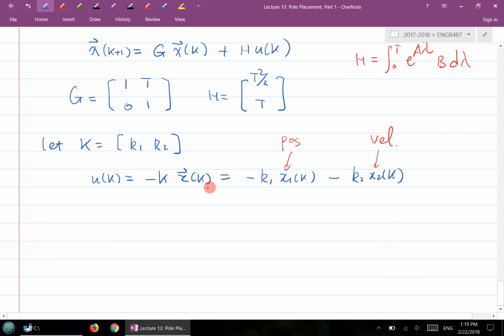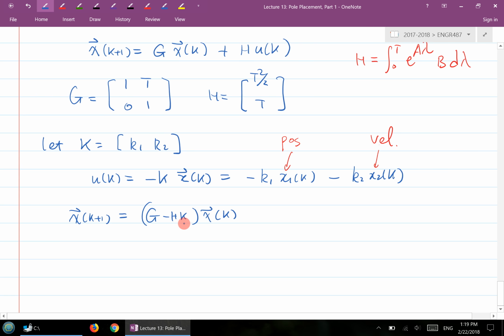So my idea here is I want to obtain a general solution for K1 and K2. We can start to substitute this u of k back into the original state equation.